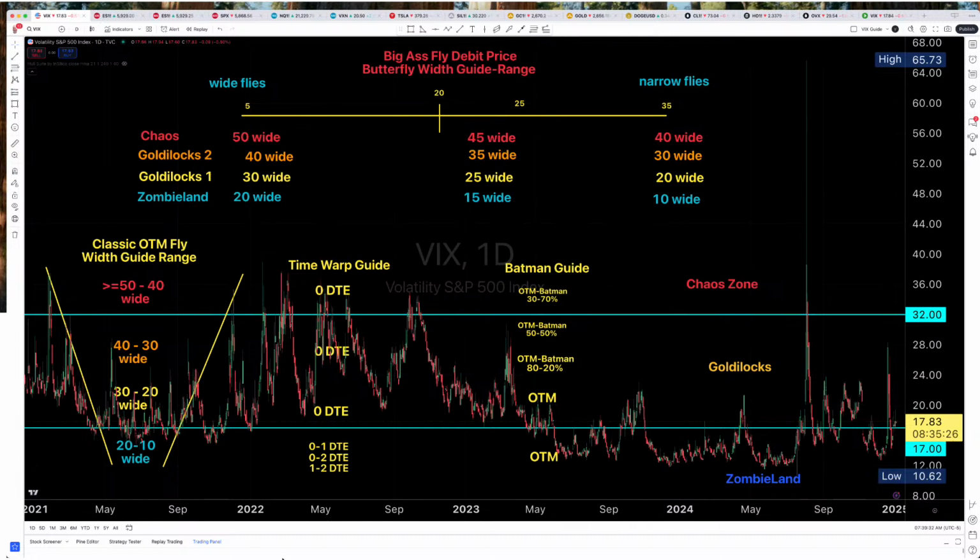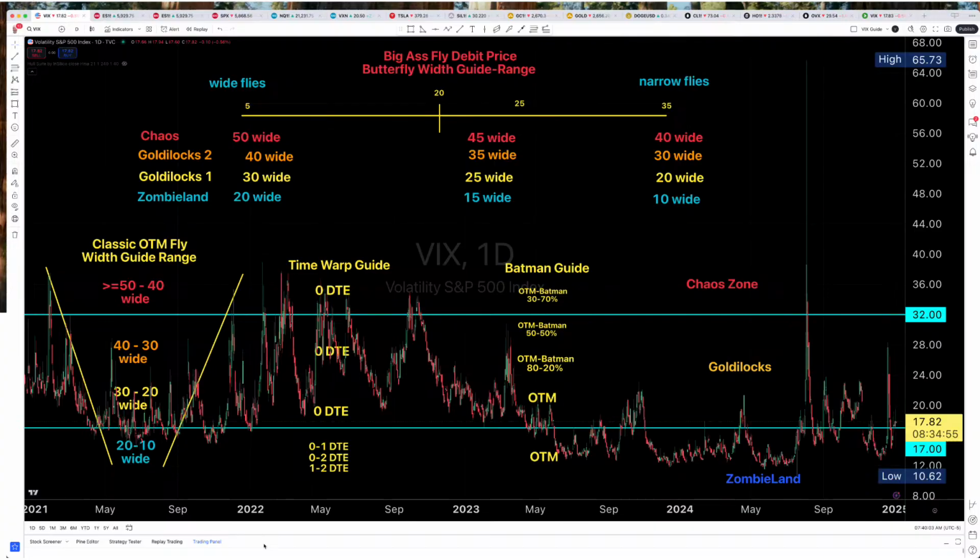We call that the big-ass fly, and depending on what its debit is, a low debit would imply high implied volatility for the day, and options will be priced appropriately. A very high debit would imply very low volatility. And so that would tell us what side of that range to be on, and that's what this guide is up here. So we're going to be looking at Goldilocks 1 because that's the range of widths that we're looking at, and we're going to see where the debit is.